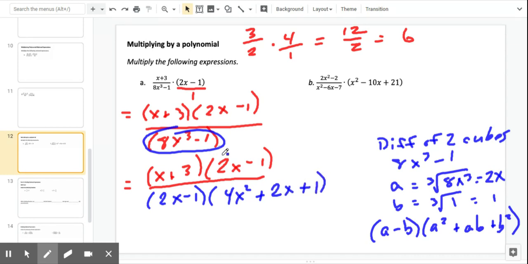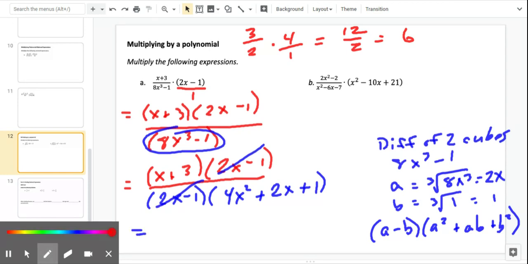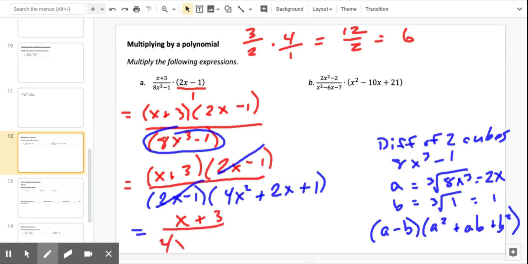And then we look for our like factors, x plus 3, don't see that anywhere, 2x minus 1 cancels with 2x minus 1. And then we're just left with, for our final answer, x plus 3 over 4x squared plus 2x plus 1. And that is that.